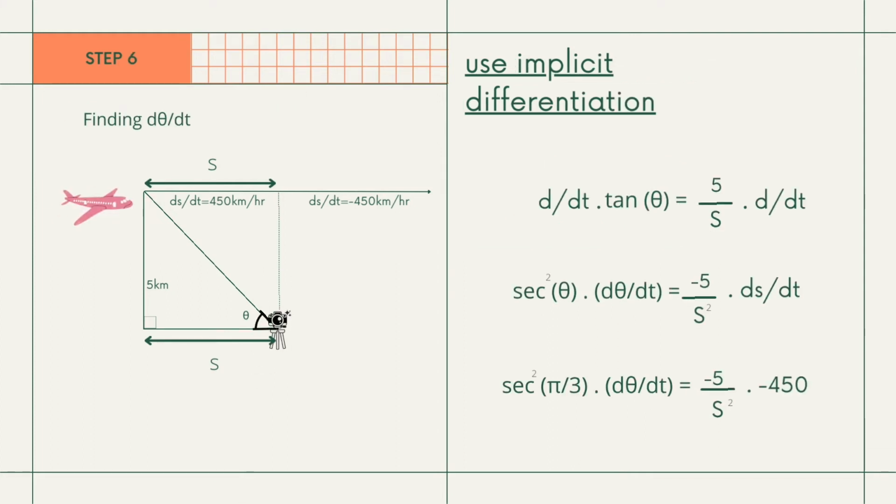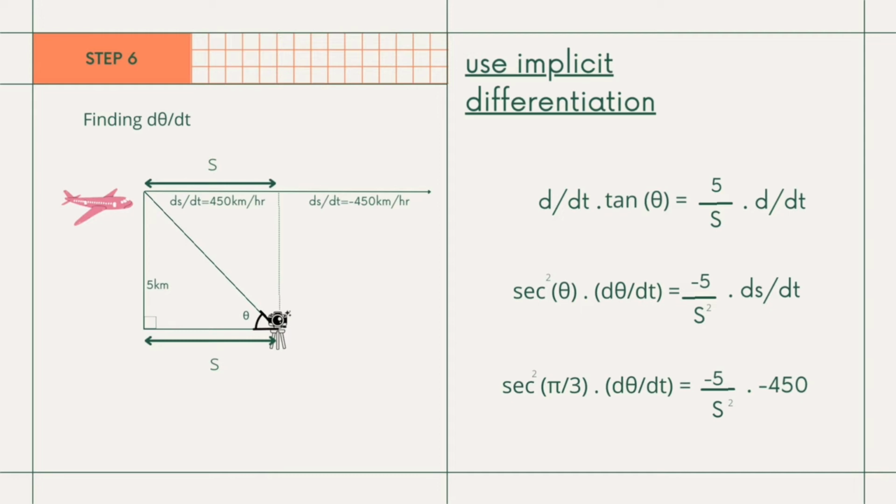Step 6, we're going to find d theta over dt. We're going to differentiate both sides implicitly with respect to the time t. So we add d over dt to the left and right sides. The derivative of tangent theta is secant squared theta. Next, we differentiate the inside, so the derivative of theta is d theta over dt.